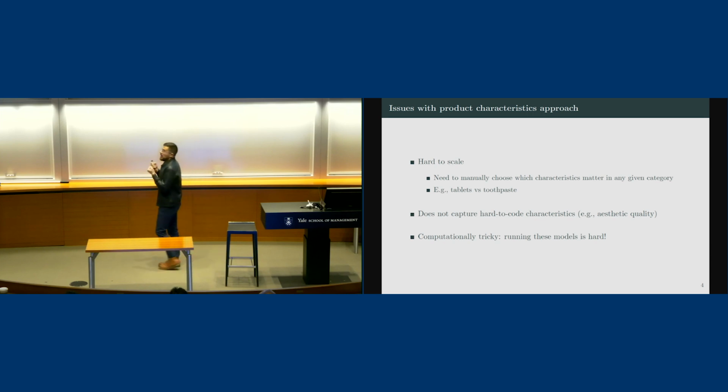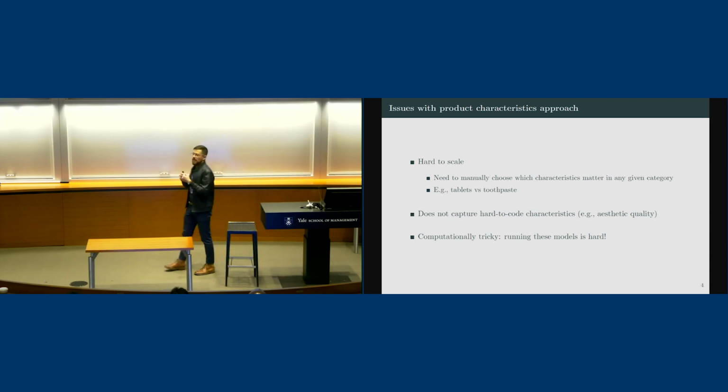Let me tell you a few limitations of this approach, which motivate our paper. This approach is hard to scale, in the sense that if you're looking at different categories, for each category of product you need to think about what the relevant characteristics are, right? Here I gave you the example of tablets, and we looked at memory, price, whether or not they're kid-friendly. But if I want to model demand for toothpaste, I would need to collect a very different set of characteristics.